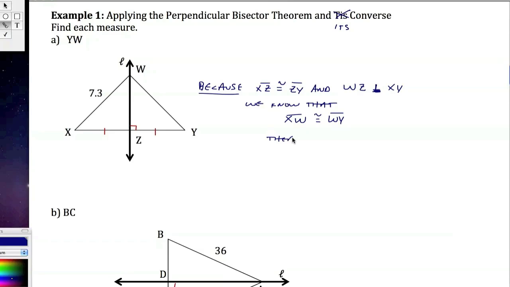Therefore, WY, or YW, has to equal 7.3. So this must be 7.3 because it's a perpendicular bisector.